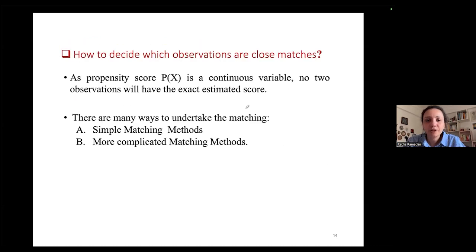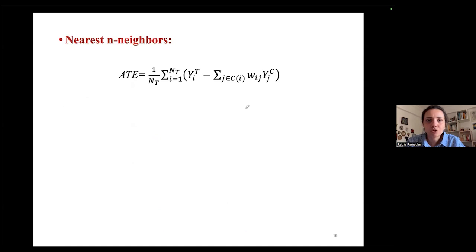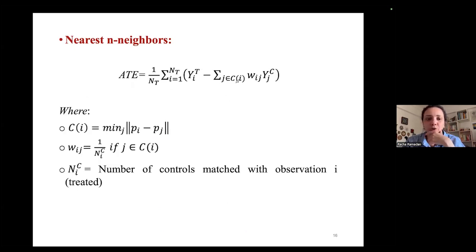And if I return here again, for the nearest n neighbors, this is how it will look. So our average treatment effect will not be simply the outcome of individual I of the treated person minus the outcome of the control observation of the I's individual.